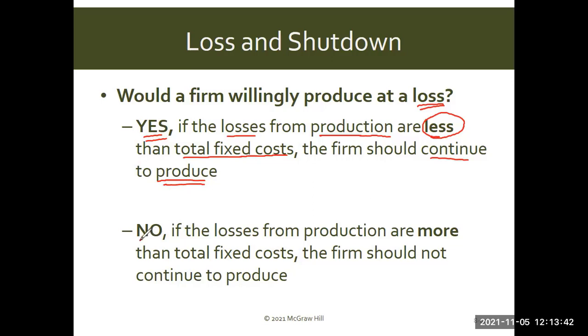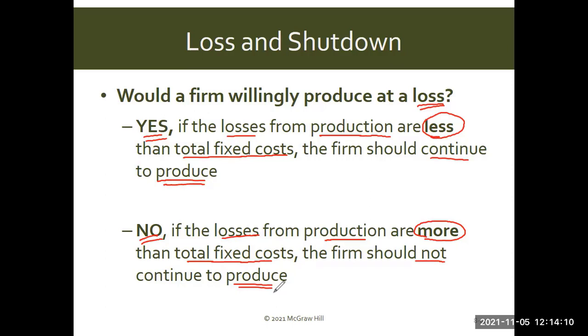So when is the answer no? Would a firm willingly produce at a loss? The answer is no, if the losses from production are more than their total fixed costs. The firm should not continue to produce. What this is saying is, we're producing, and not only are we losing our fixed costs, we're losing more than our fixed costs.